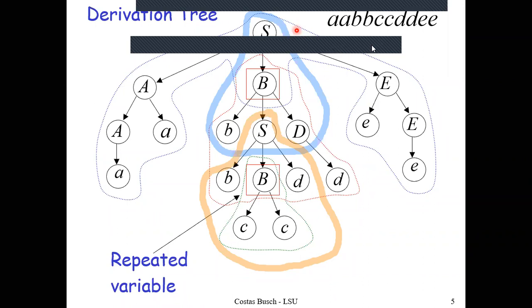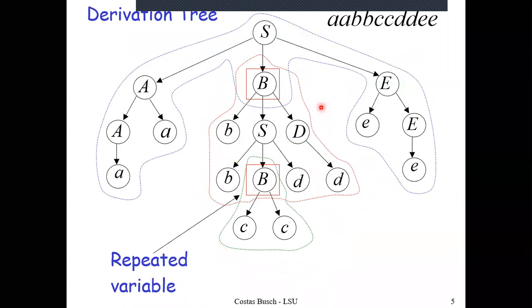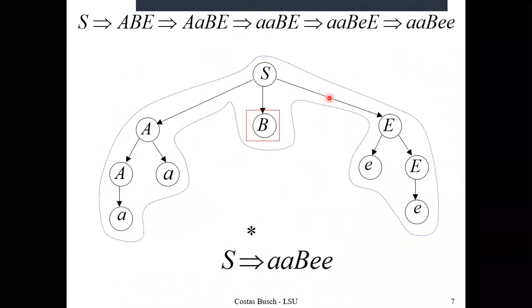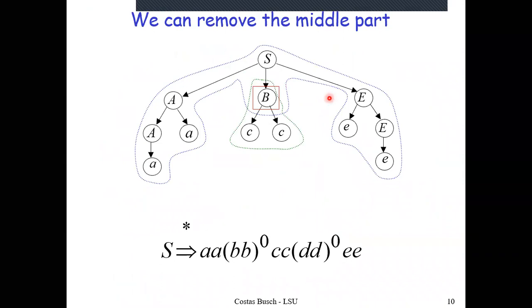Sure. Okay. Let me close it. We have discussed this thing. Good. So now we have the modified derivation tree, and it is giving us a new string, and that string is a square, c square, e square.